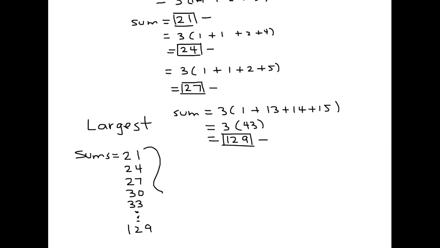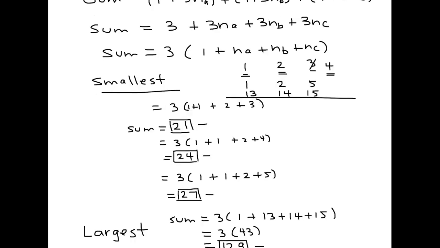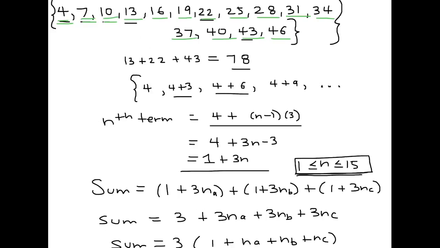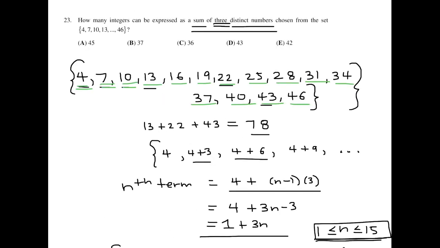So we have to figure out how many of these are listed. Well, if you count these, you will get to a number of 37. So there are 37 possible sums. All right? So that would be choice B for number 23.